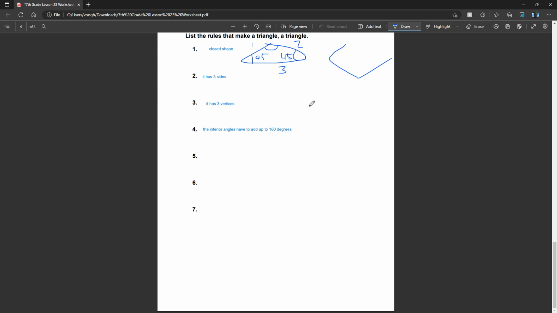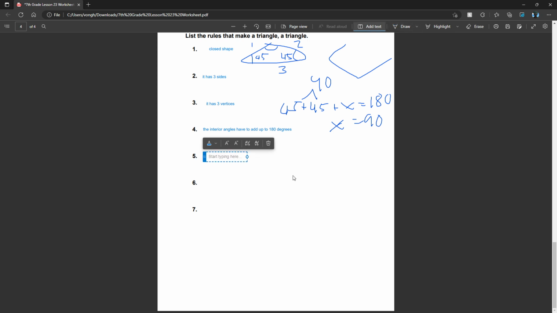So that means you have 45 plus 45 plus, let's say this angle here is x, equals 180. Now we can find that missing angle. 45 plus 45, that's 90, so 180 minus 90 equals 90. So x is 90, but yeah, all the interior angles have to add up to 180. That makes a triangle a triangle.